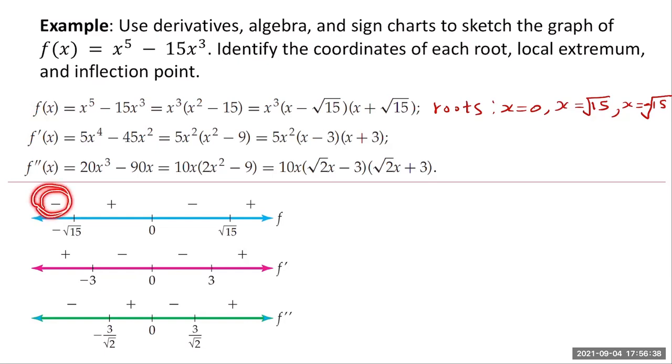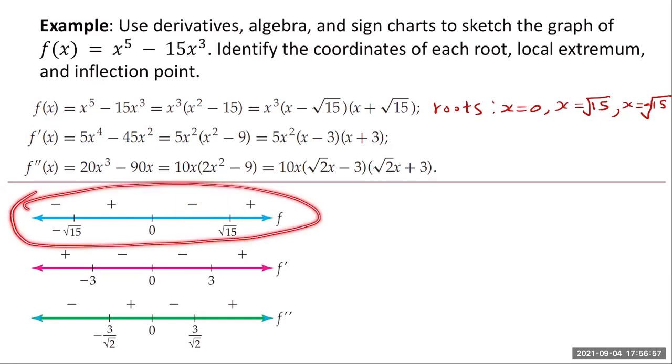So you put a negative sign here, and then you pick a number from this interval, plug that number in your function f, and you will see that your sign is positive. You pick a number from this interval, plug it in your function f, and you will see that it is negative, and here it is positive. So this is the sign chart for f.